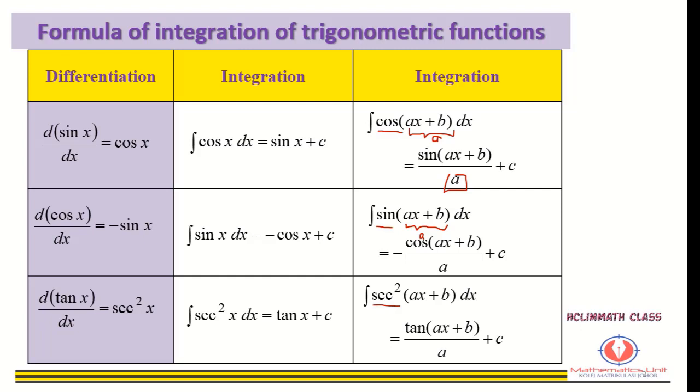So we have tangent ax plus b divided by a, whereby a is the differential of ax plus b. This is how we derive the integrals of trigonometric functions.